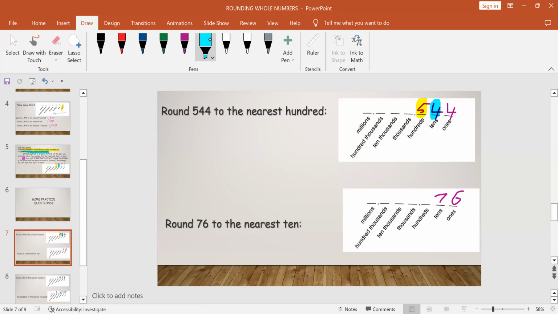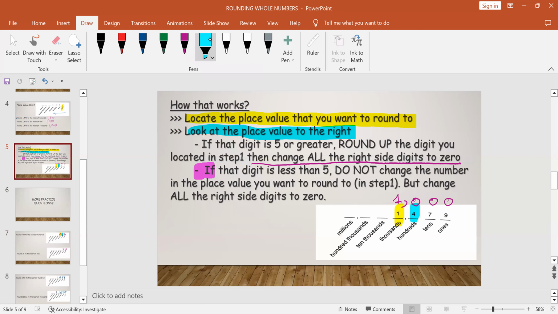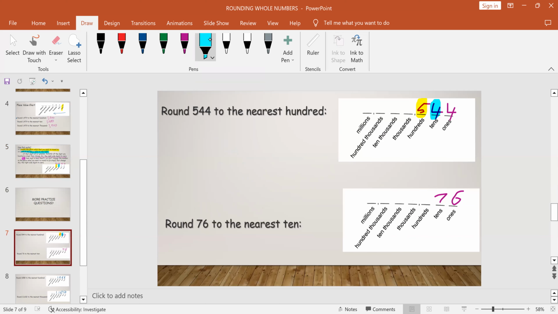4 is less than 5. That means I'm in the second condition: if that digit is less than 5, do not change the number. Because 4 is less than 5, we don't change the digit representing the 100, which is the 5, but the 4 becomes 0.